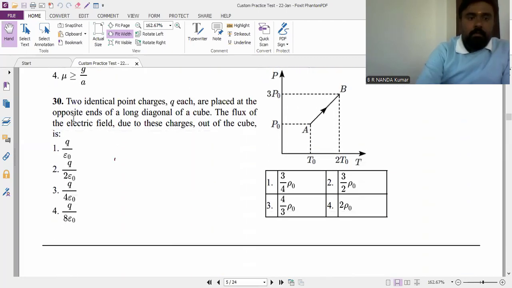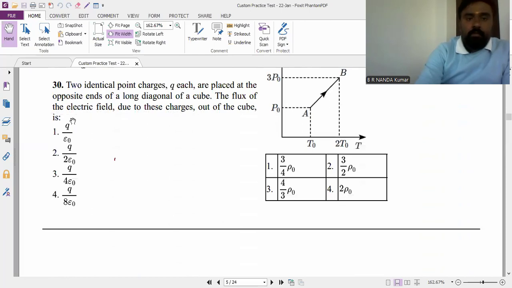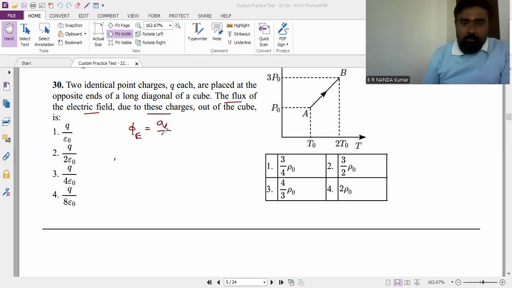Next, two identical point charges Q each are placed at opposite ends of a body diagonal of a cube. The flux of electric field due to these charges. So due to one charge, flux is Q divided by 8 epsilon naught. Two charges are there at the corners.